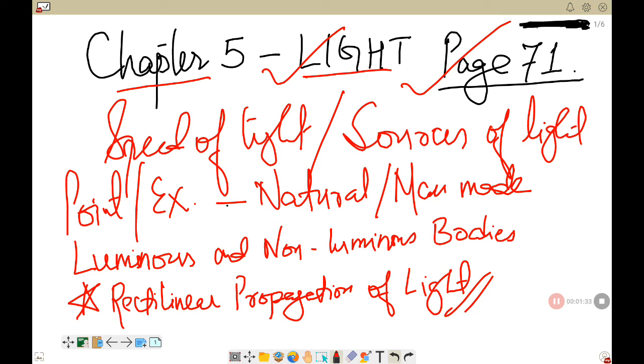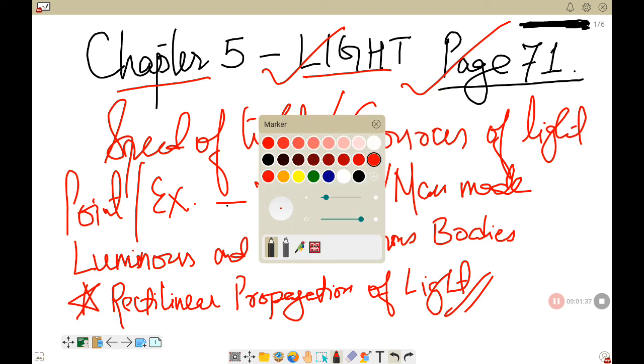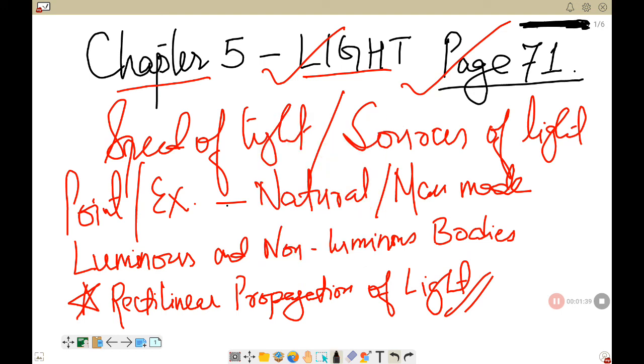Apart from this, we also learned about light rays. There were three different beams of light: parallel beam, convergent beam, and divergent beam of light. So these are the topics that we have covered in this chapter, Light.